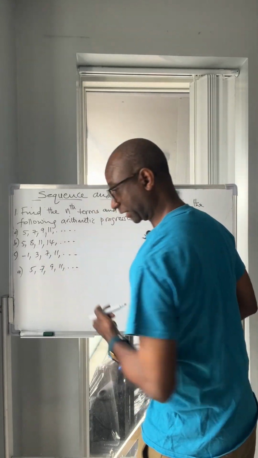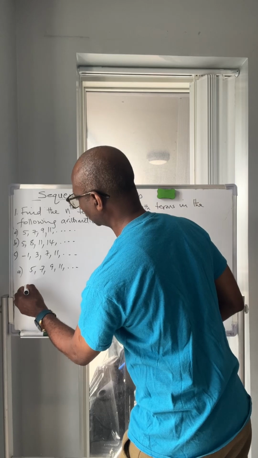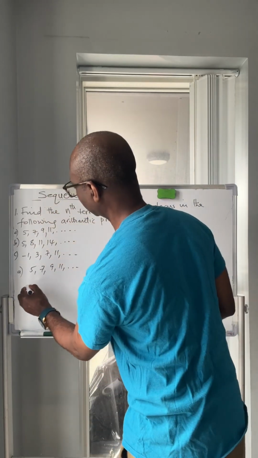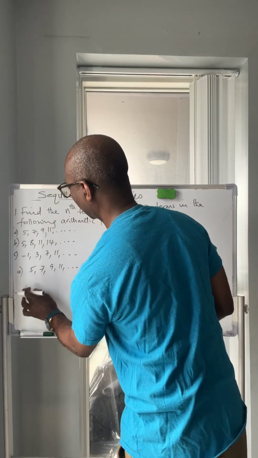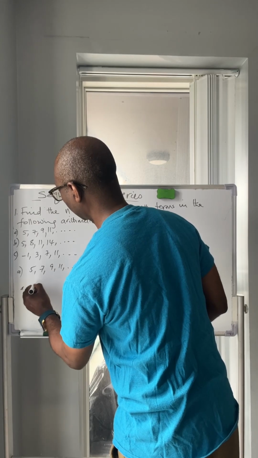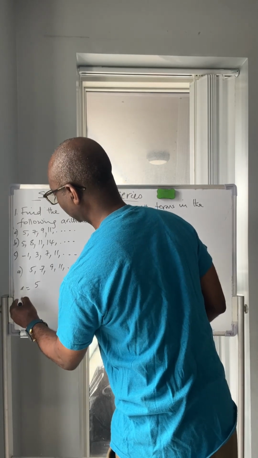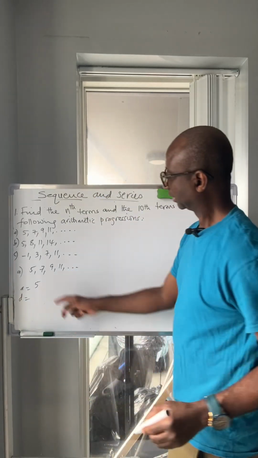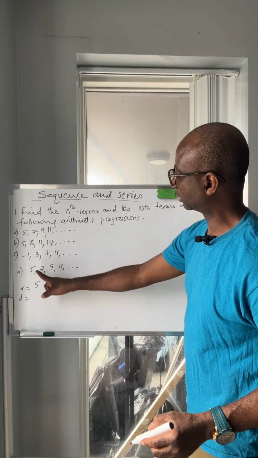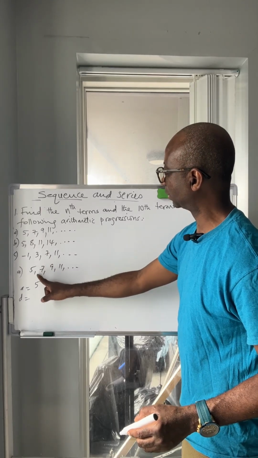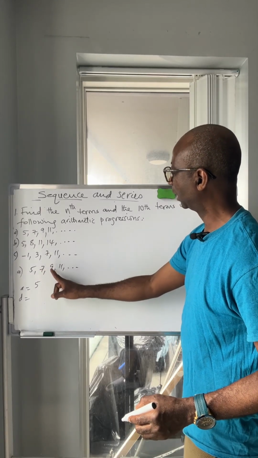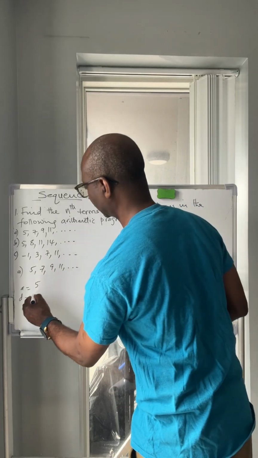We have already our first term, which we normally name as A. So A equals 5. The difference between consecutive terms is 2. 5 to 7 is 2, 7 to 9 is 2, 9 to 11 is 2. So the difference is 2.